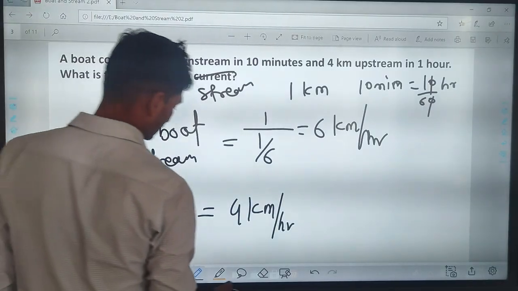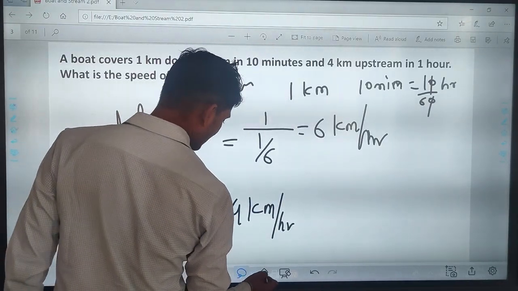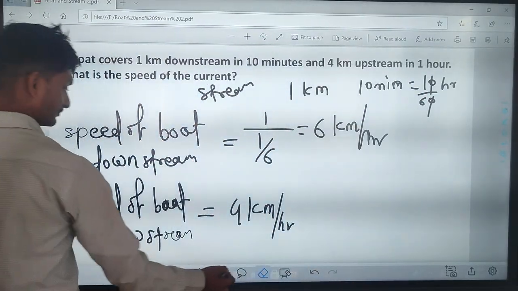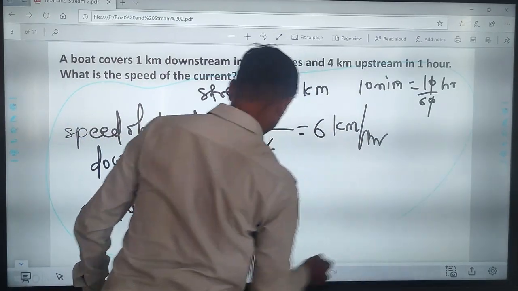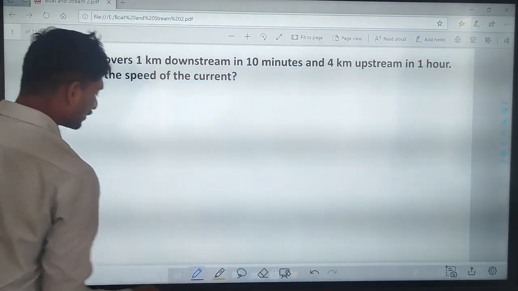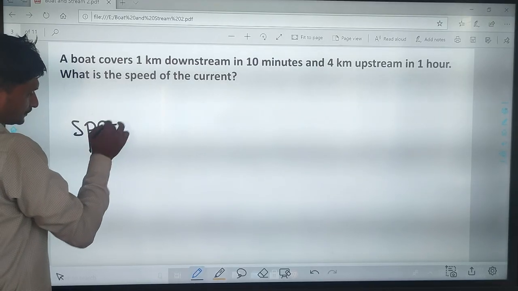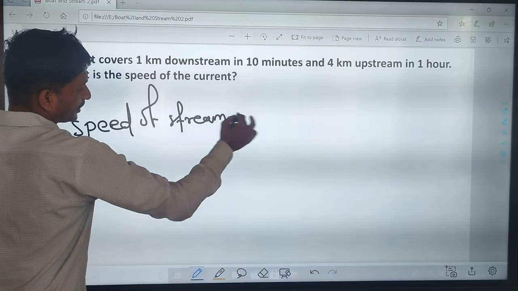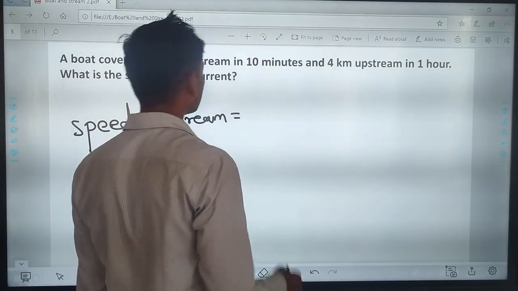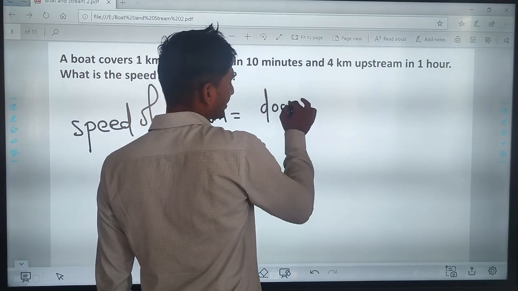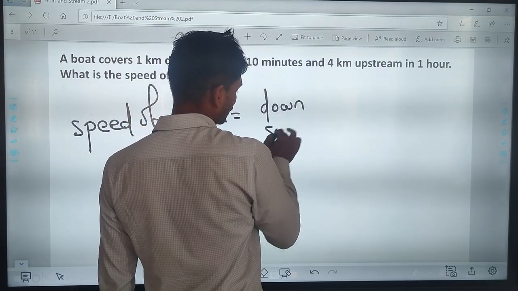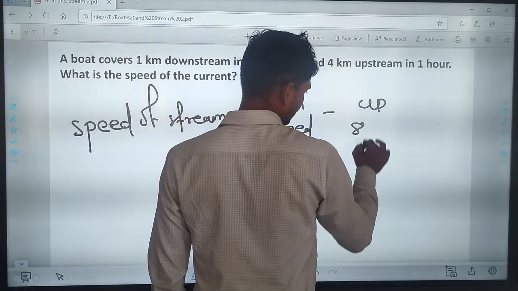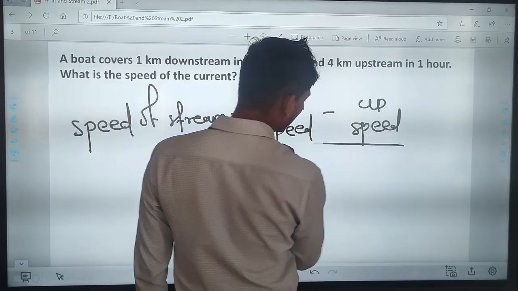We find the speed of current, which means the speed of stream. Speed of stream is equal to downstream speed minus upstream speed divided by 2.